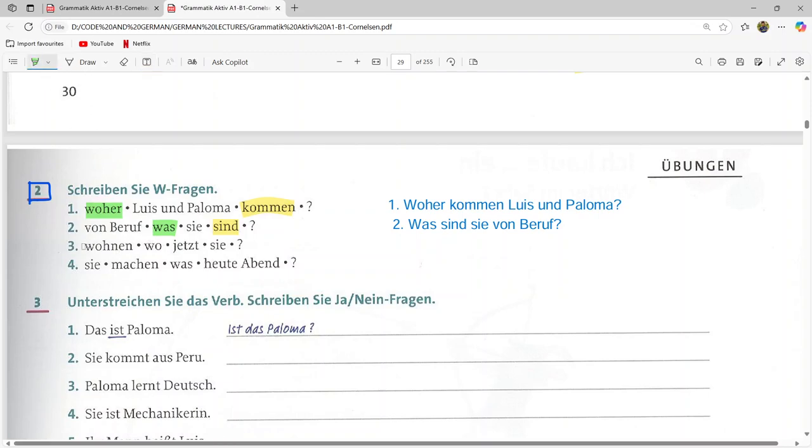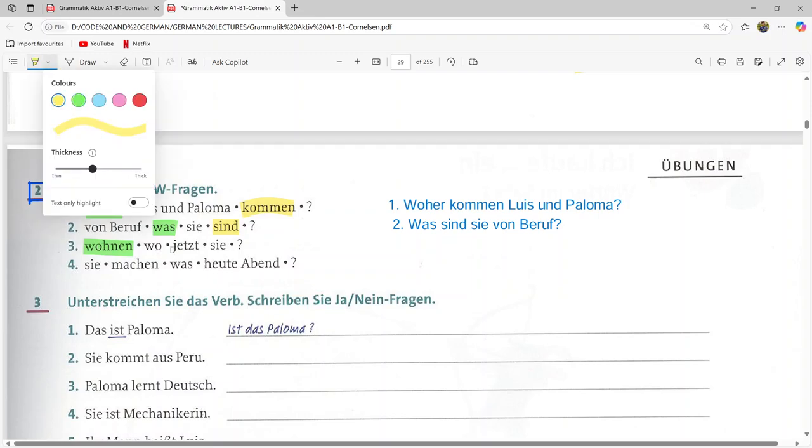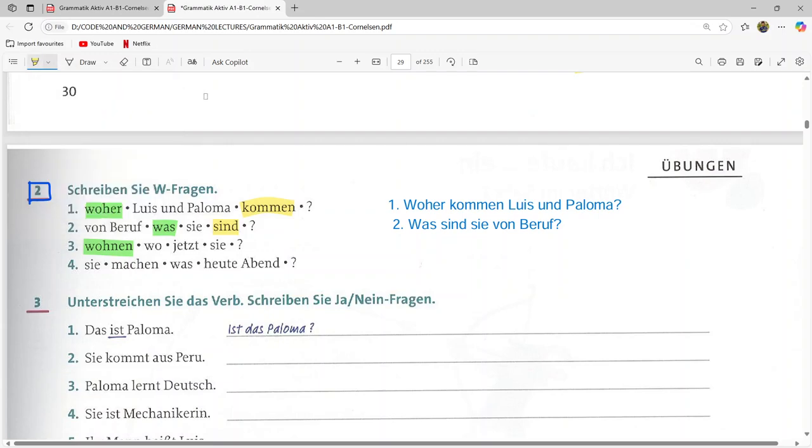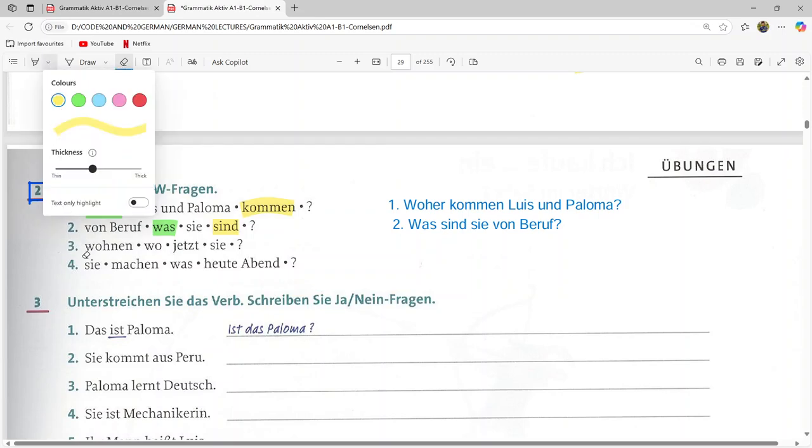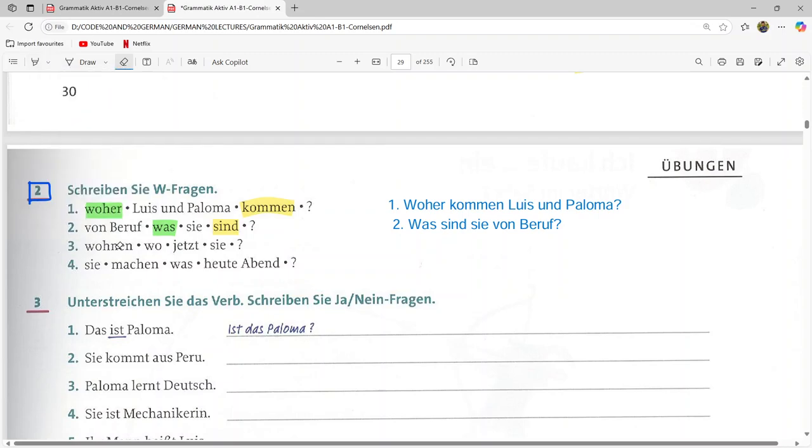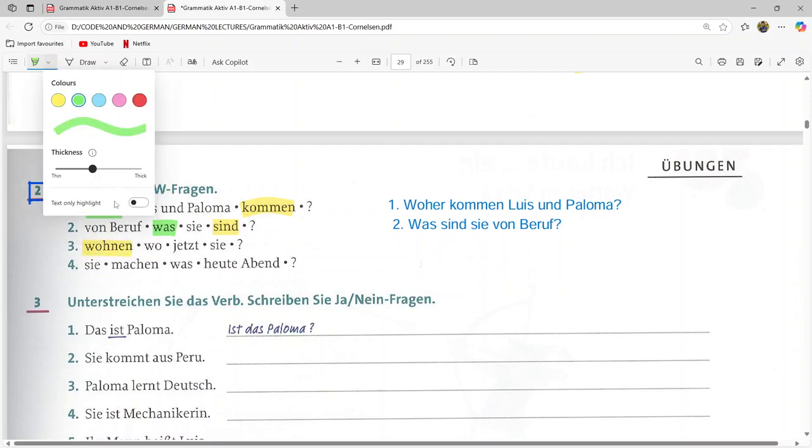Which is the Frage word? This one. Which is the verb? Okay, I made a mistake. Again I made a mistake. Okay, one moment. So the verb is in the yellow color, so this is the verb, and the Frage word is in the green color.